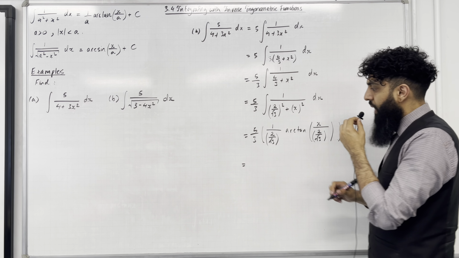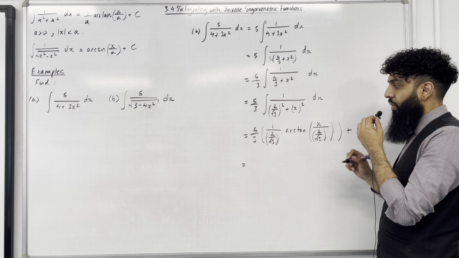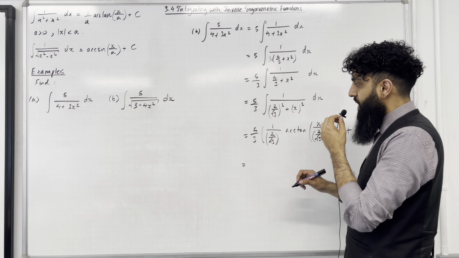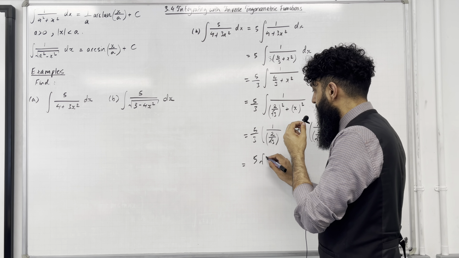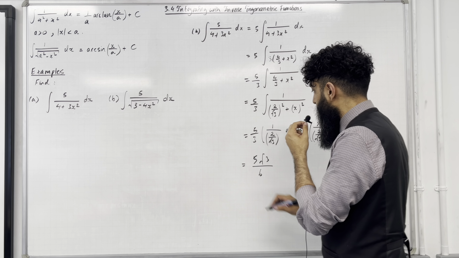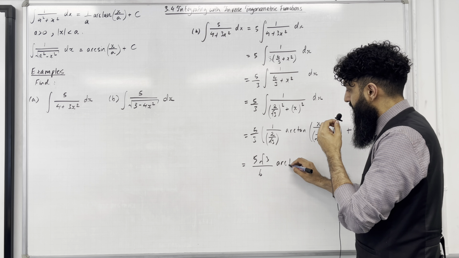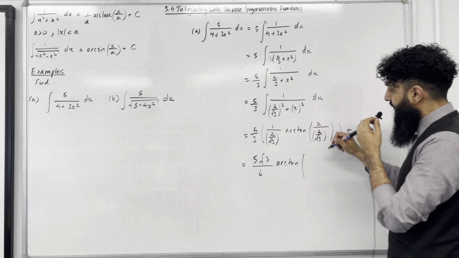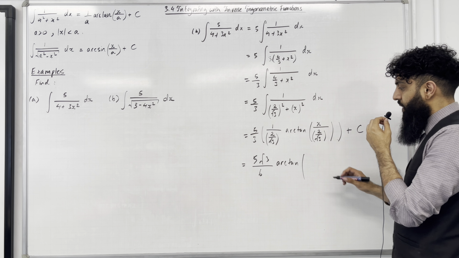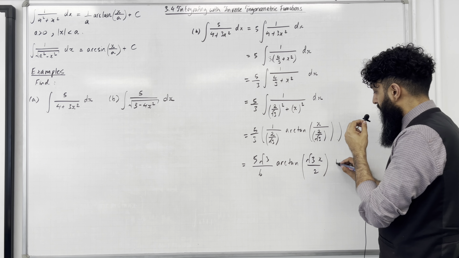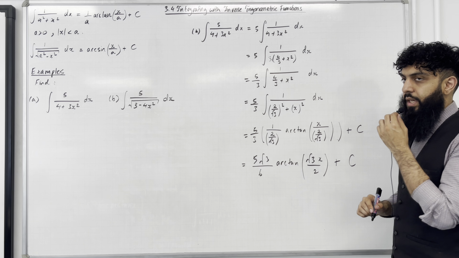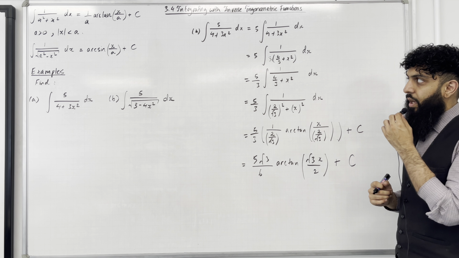So 1 over 2 over square root 3 is just square root 3 over 2, and multiplying that by 5 over 3 gives me 5 square root 3 over 6 arc tan of x divided by 2 over square root 3, which is square root 3 x over 2, plus c, the constant of integration. So this completes part A.